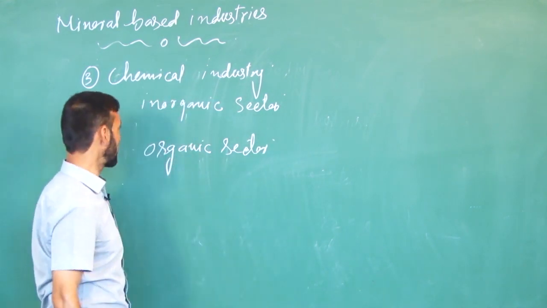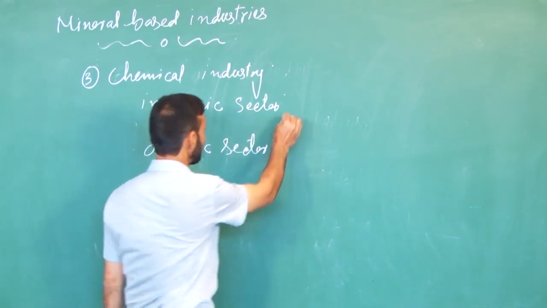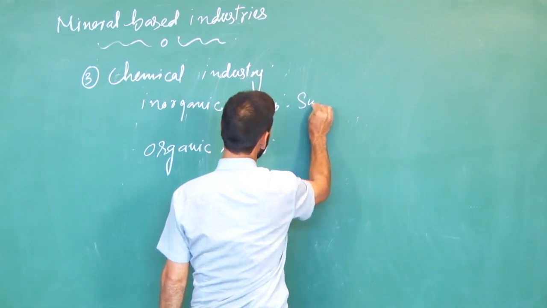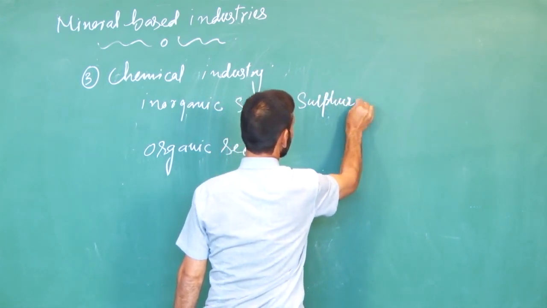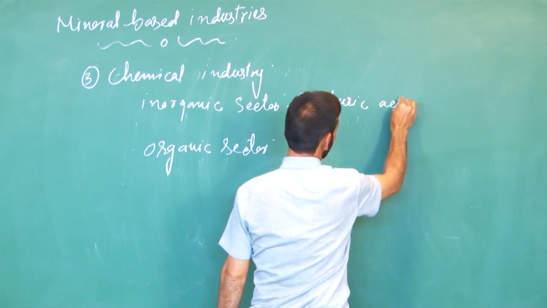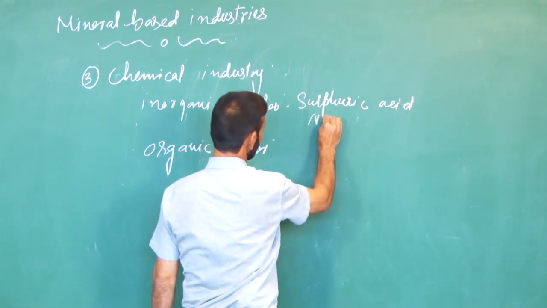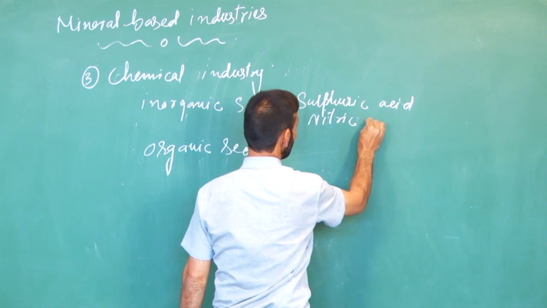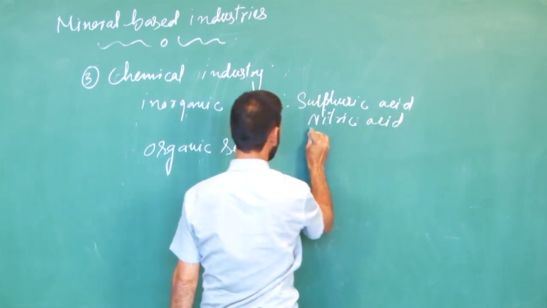These are the two sectors from which we get different materials, like inorganic sulfuric acid, nitric acid, caustic soda.